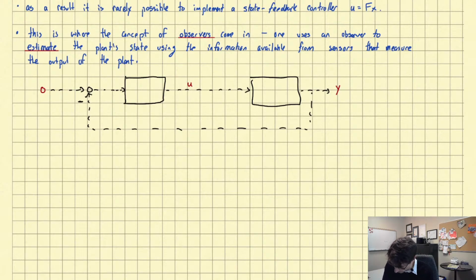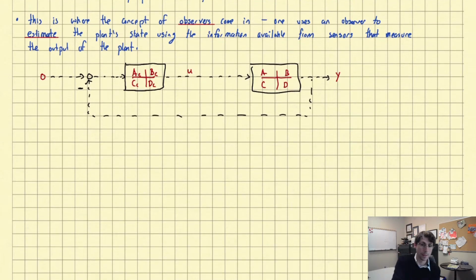And so this will be our controller. This will be our plant. And we're doing output stabilization. So we're trying to get a stable closed loop system, but now we're only measuring y. I've put the negative feedback there, but you could absorb it into the controller. The 0 here is indicating that I've turned off the reference. Right? I'm just looking at stabilization right now. We talked about this in chapter 6. We want this system to be internally stable.